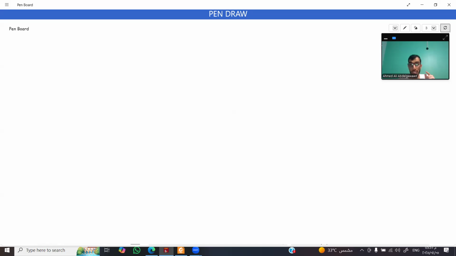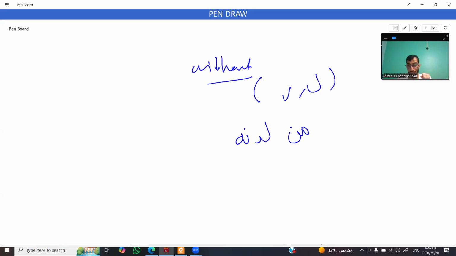Okay? And so on, merging with ghunna, letters of merging with ghunna yanmu, so on, examples. Merging without ghunna means you will not pronounce from your nose, from your khayshum, and you will press it only for one count, 1 second. The letters of merging without ghunna are only two letters, lam and ra. Let's have an example. Look, mil ladunhu.